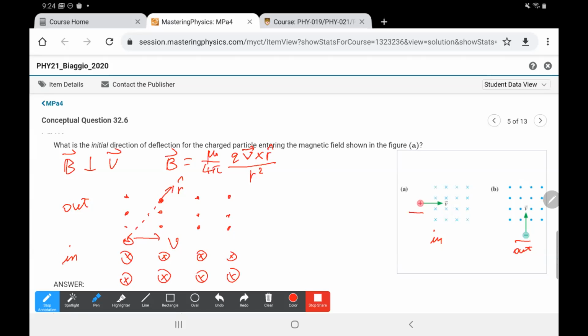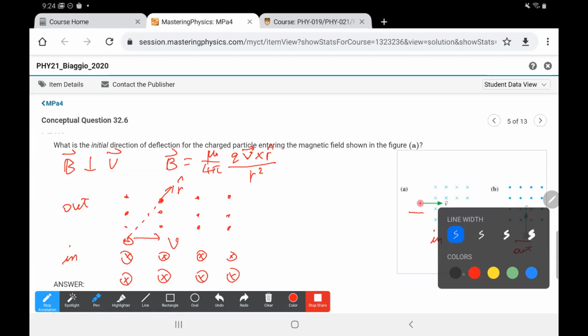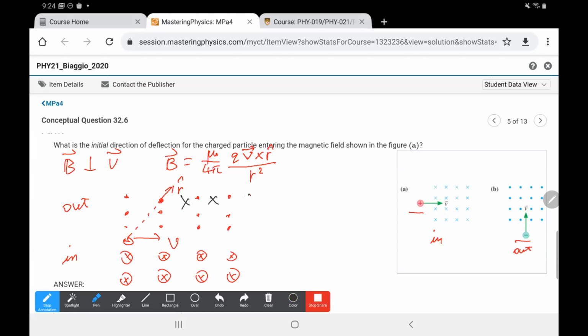And you can find that if this moving charge just enters a magnetic field, there is an external magnetic field. The black crosses are the external magnetic field.